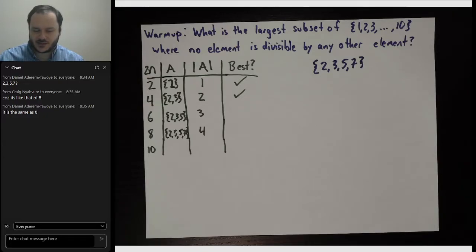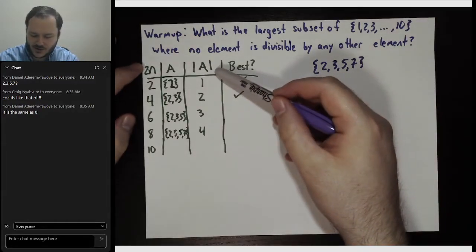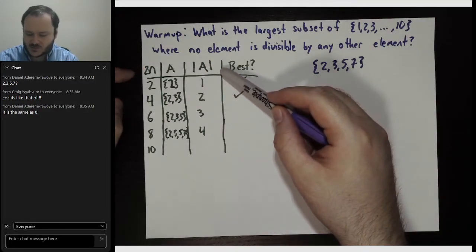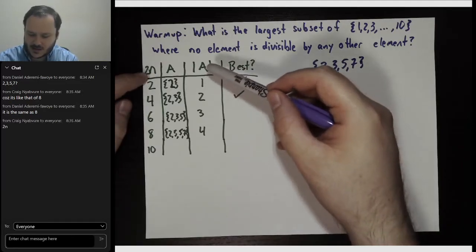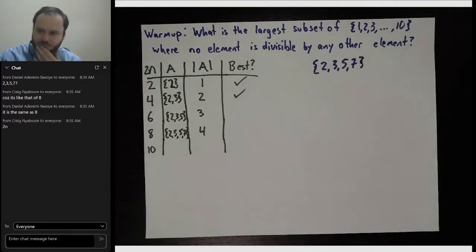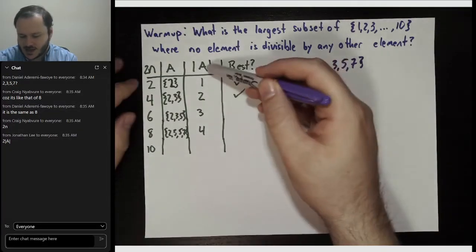There's another thing here that I notice. What pattern can you see between 2n and the size of A?